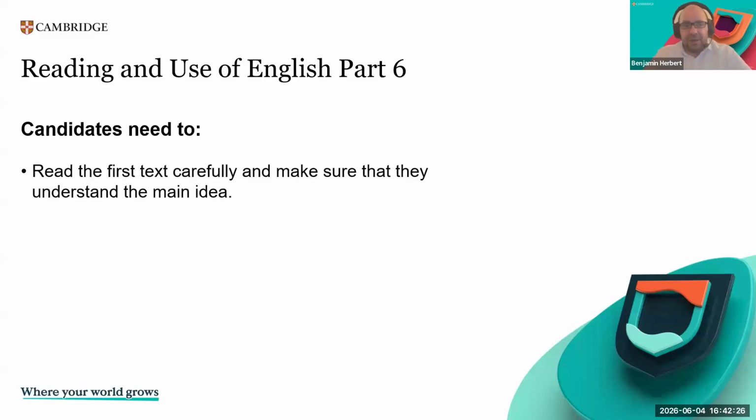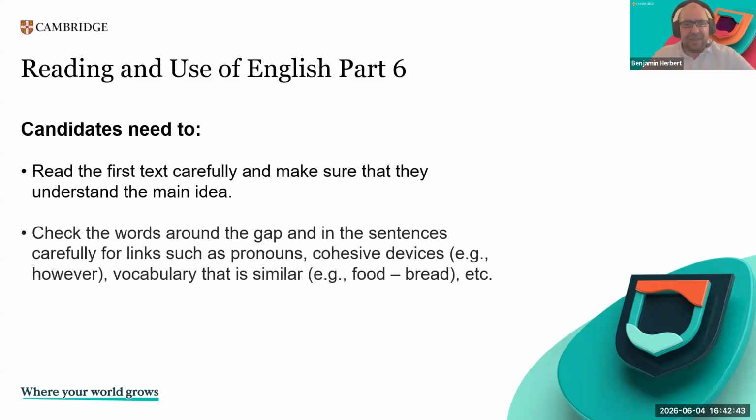So I'd always make sure that I would encourage my learners, when we were practicing this in class, to read that base text, the text with the gaps, carefully, and make sure they understand the main idea. And we'll come back to this, the importance here of understanding the main idea. As well as understanding the main idea, they can also use their knowledge of linking devices, pronouns, cohesive devices, perhaps similar vocabulary, so the use of synonyms, for example, to help them decide which sentence should go in which gap.